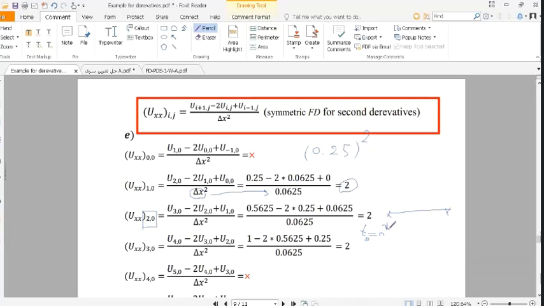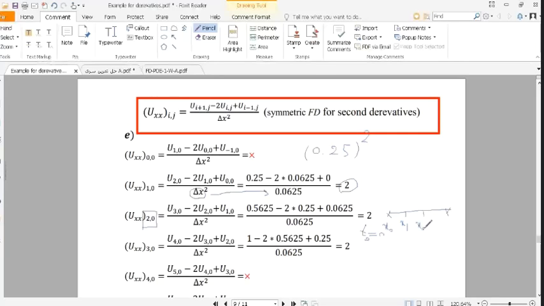Now we are computing uxx at x2. At x2, the next point is x3, and the previous point is x1.